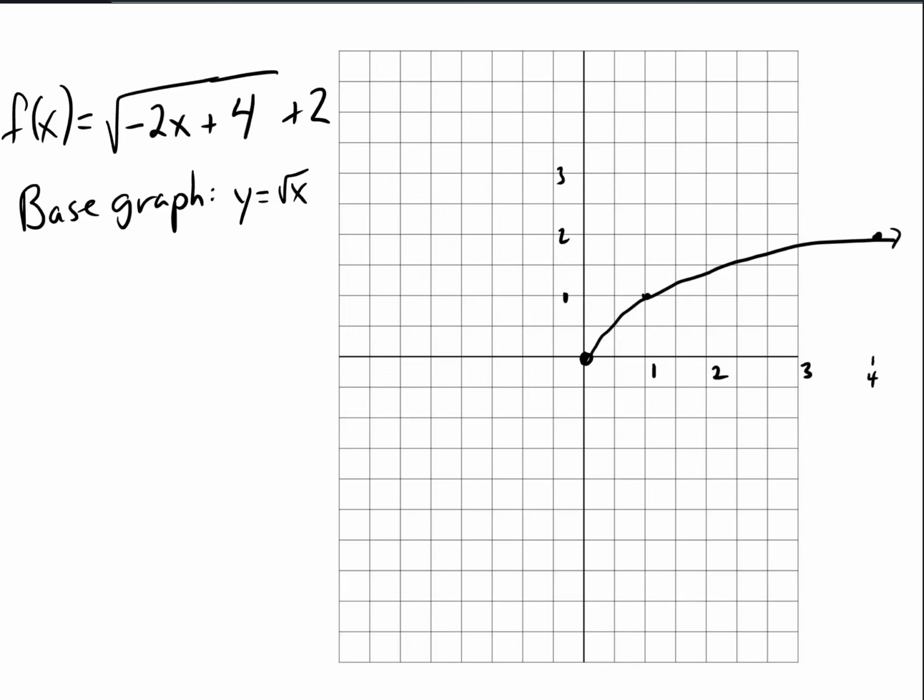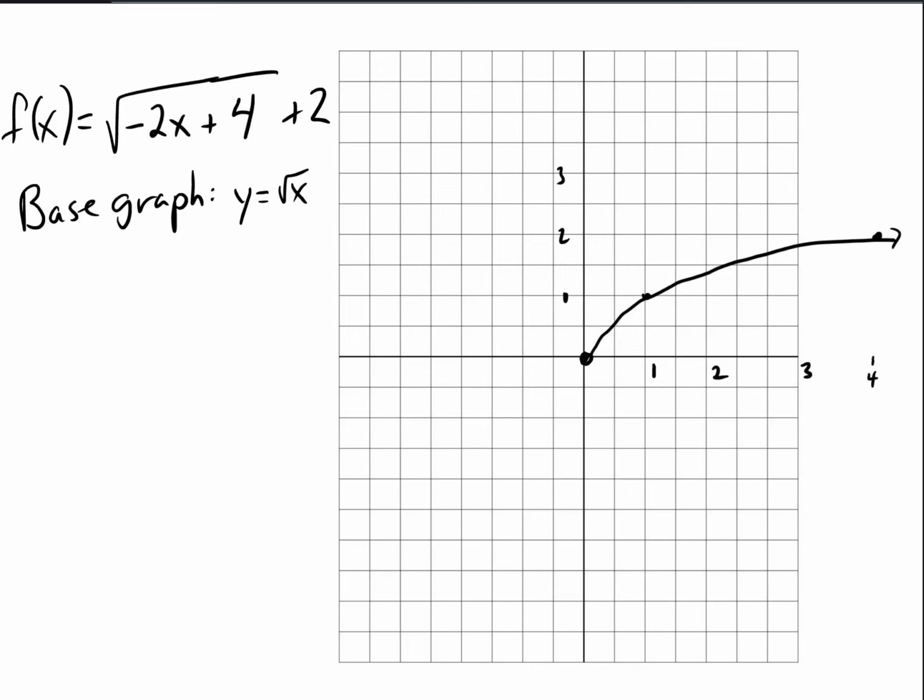And I see a plus 2, so that's some form of another shift. The negative, the 2, and the 4 are under the radical. They are inside the function. Since these are on the inside of the function, they're going to affect the x, the horizontal direction. This plus 2 is on the outside, so it will affect the y, or the vertical direction.